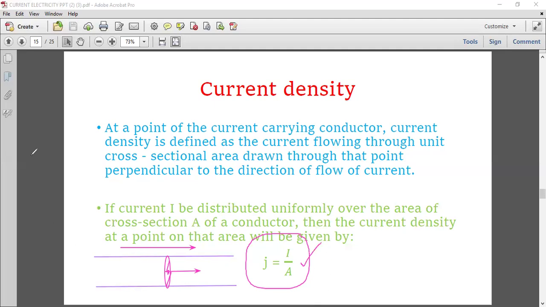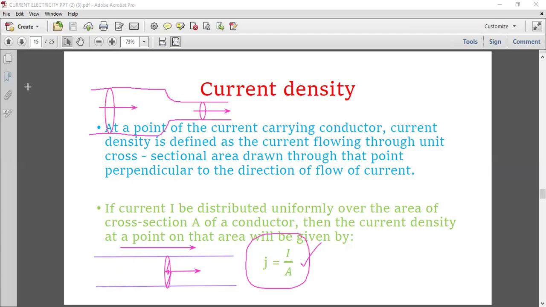Now one more thing: if you take a conductor of uneven shape, here this is a conductor of uneven shape. I have already told you that in a conductor of uneven shape the magnitude of current will remain the same. जो current इस cross sectional area पर होगी उतनी ही current इस cross sectional area पर होगी. मतलब पर सेकंड जितना चार्ज यहाँ से फ्लो होगा, पर सेकंड उतना ही चार्ज यहाँ से भी फ्लो होगा.